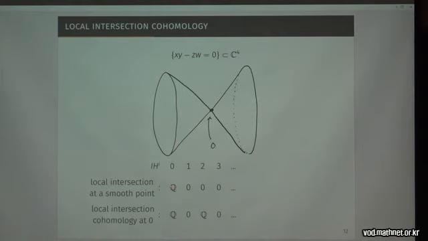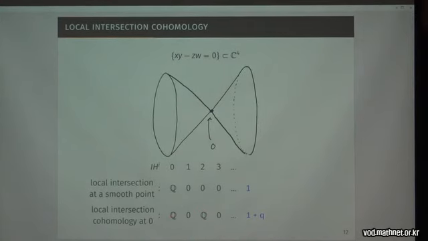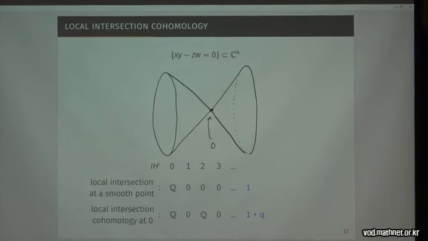But in this particular example, if we take the local intersection cohomology at 0, then we get interesting intersection cohomology groups, namely Q, 0, Q. And in the language of Kazhdan-Lusztig polynomials, this would give us a 1 plus q. So part of the theorem on the previous slide is that these odd values are always 0, and then I measure the even ones, taking the dimension.